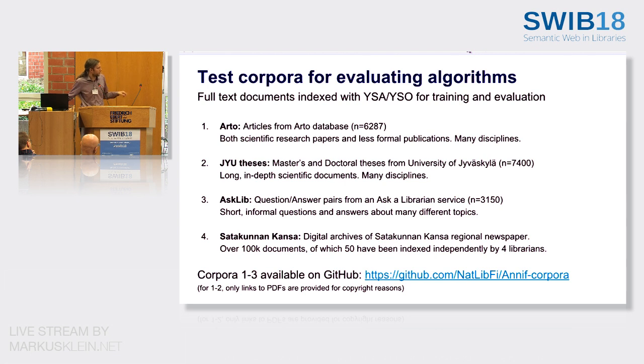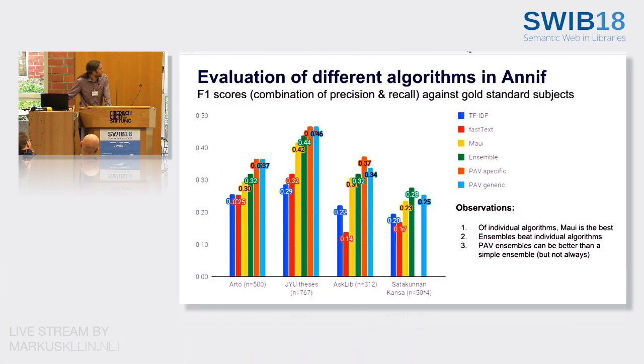Some of these are available on GitHub, not all of them, because we can't share all of them for copyright reasons. And so I tried each algorithm in separation, and the numbers here are F1 scores, which are a combination of precision and recall. Now these numbers may seem rather low, but the problem with subject indexing is that it's really hard to get even 2 people to agree on the subject of a single document.